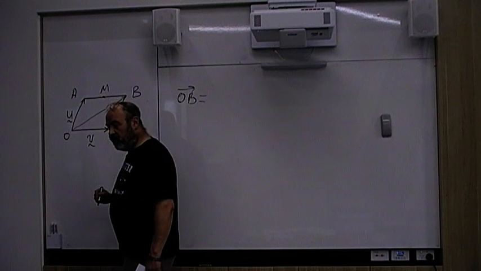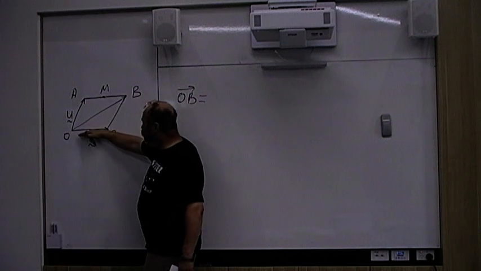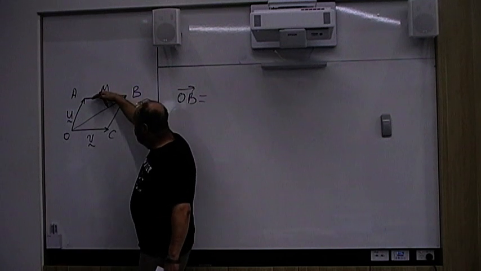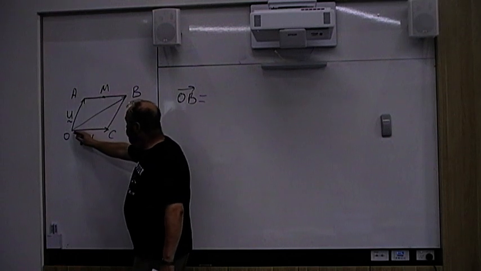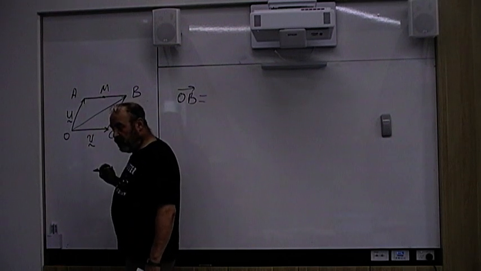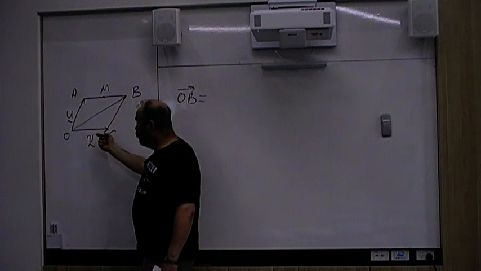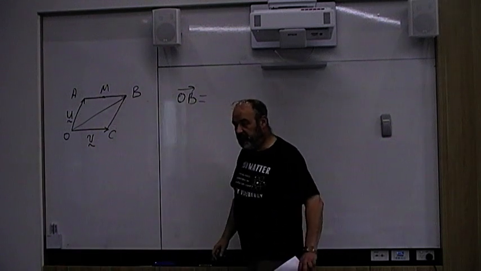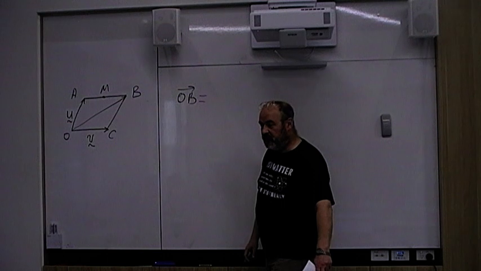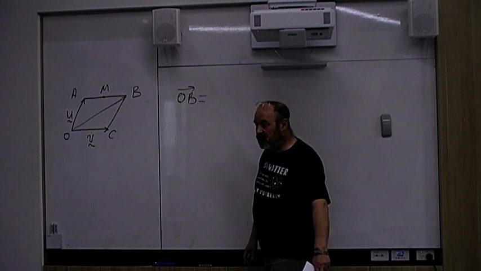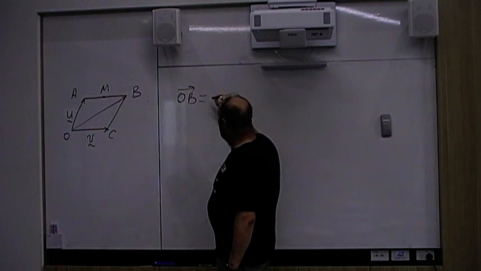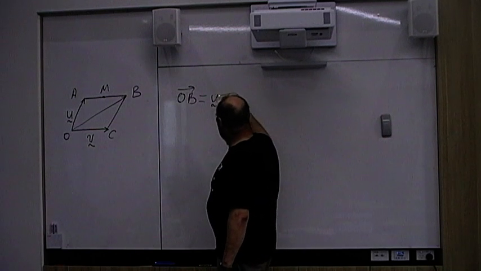If you move vector V here, we will have this and this, and that will be the sum of them. If it were minus, then we would need to change the direction of one of them. If it's minus, they don't have the same direction; there will be different directions, different starting points. So OB equals U plus V.